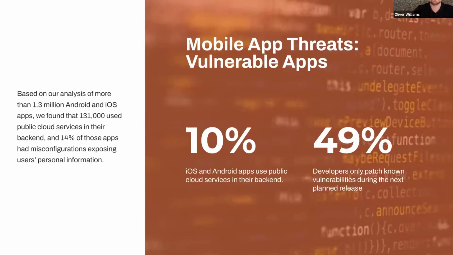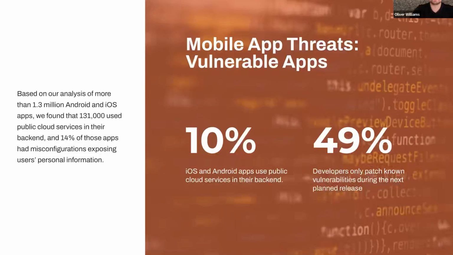These aren't secured cloud services; these are public buckets of information, which are exposing personal information. So we had a big drive last year in raising awareness: you're using cloud storage, but are you using it correctly?